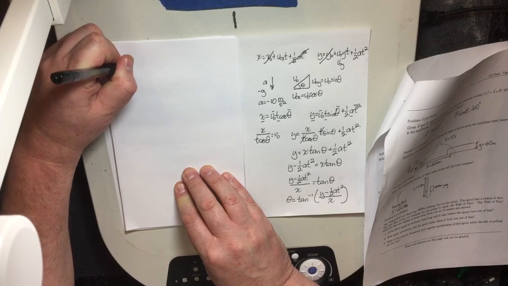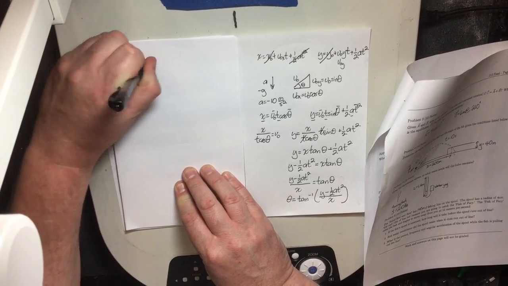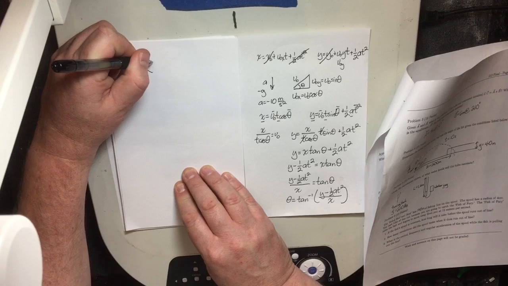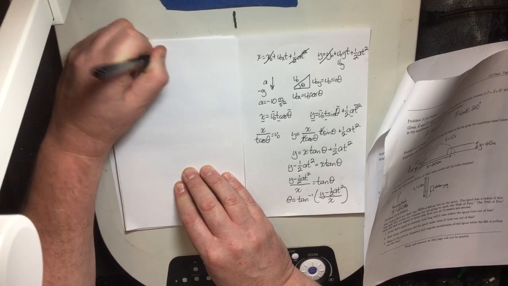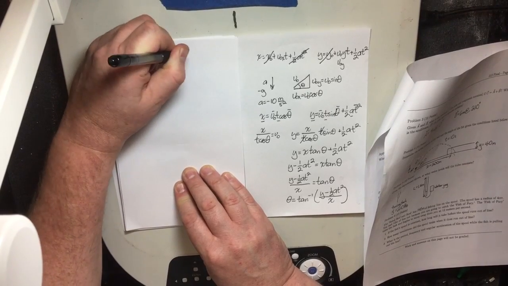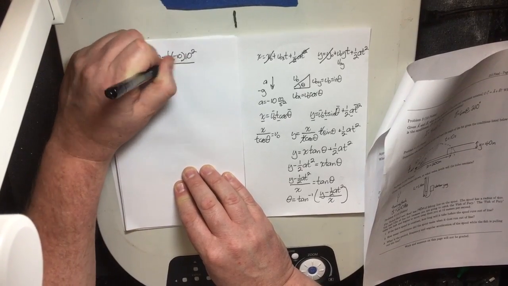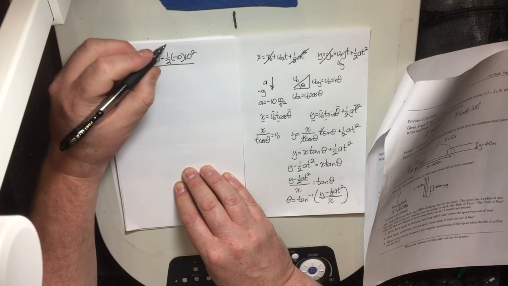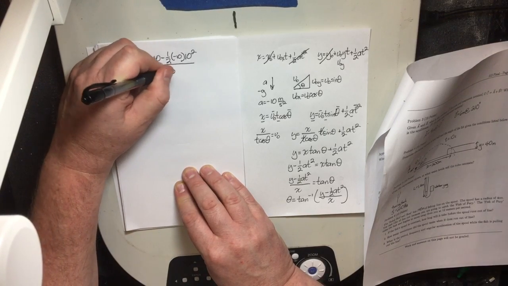So this becomes inverse tan of y, 40, minus 1/2 times negative 10 times t squared, over x, 200.